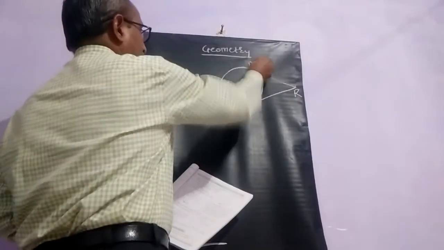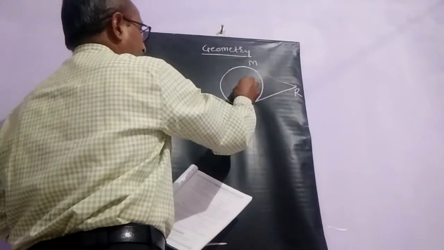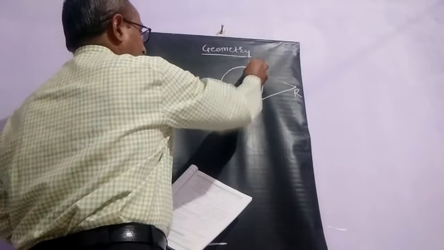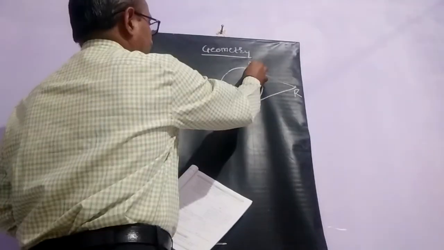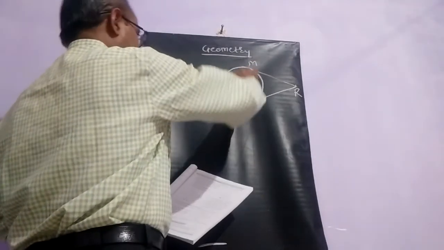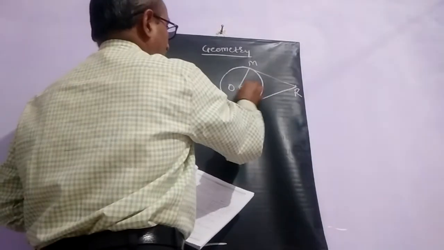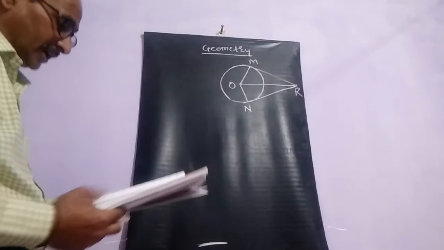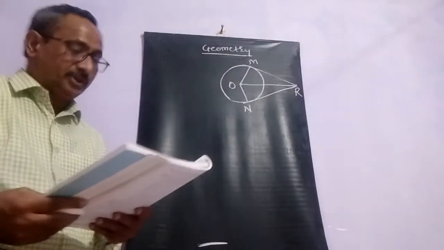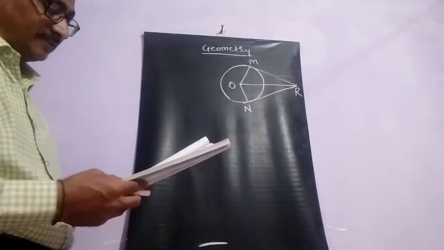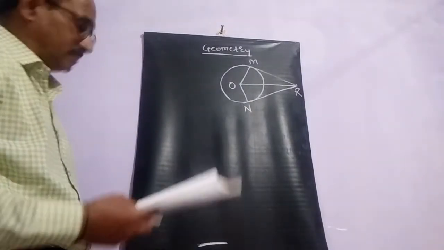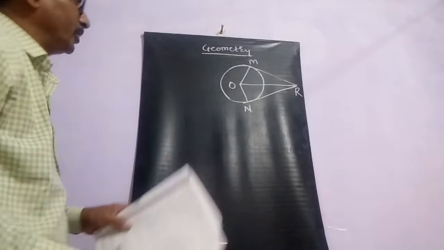This is the point M, this is N. O is the center of the circle. So here we have to prove that OR bisects angle MRN as well as angle MON.